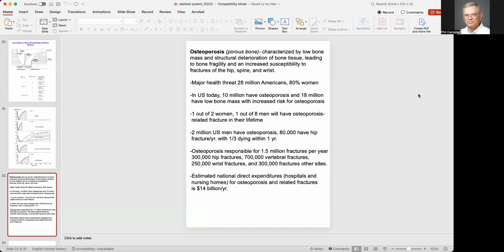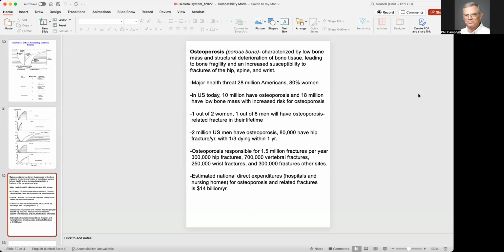Osteoporosis is basically characterized by low bone mass compared with age-matched controls. So in other words, we're not going to compare your bone mass to my bone mass, because I'm losing it and you're gaining it. You need to be of a similar age, then we can compare bone mass. We normally do not think of osteoporosis in you because you're acquiring bone mass.